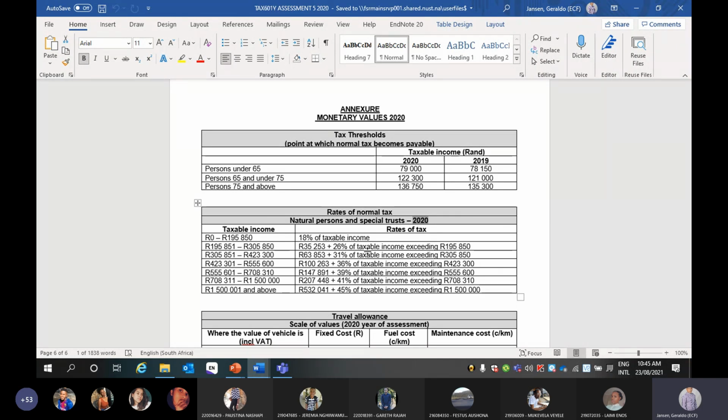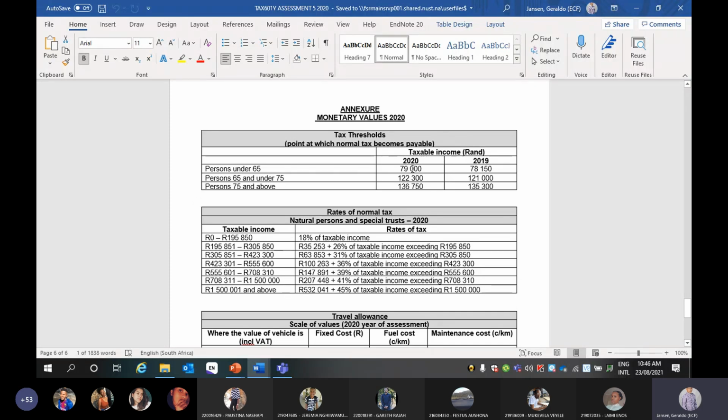Let's say your annual salary, that is for the year, you've earned 300,000 rand. So we will now calculate that person's tax for the year on that 300,000. And let's say that person is under 65 years. Let's say it's you that is under 65 years.